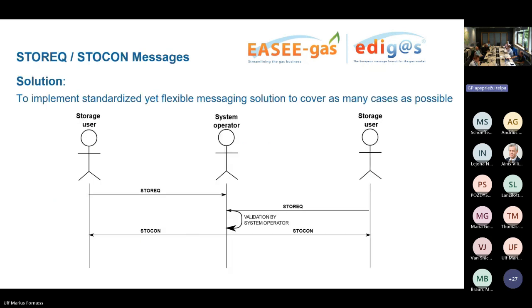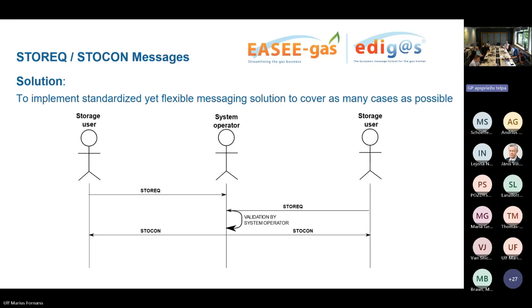And now we would like to show the general process flow and the solution for this requirement to make this transaction inside the storage. So there are two types of message. One is the storage request, which is created by storage users, and the storage confirmation message, which is created by a system operator and replied back to storage users, informing them about the outcome of their requested transaction.